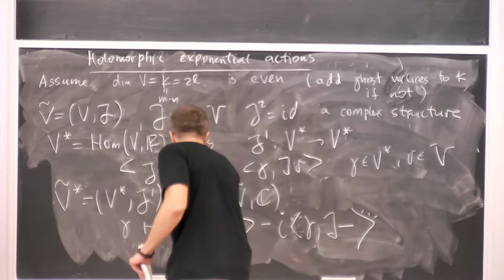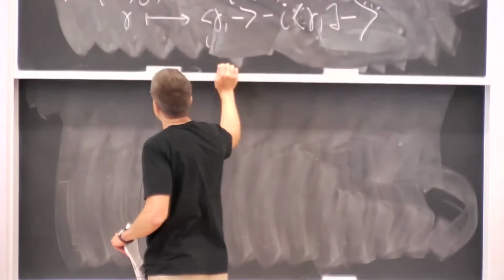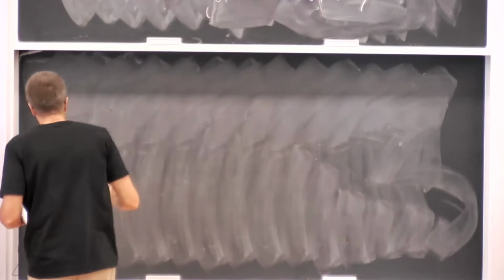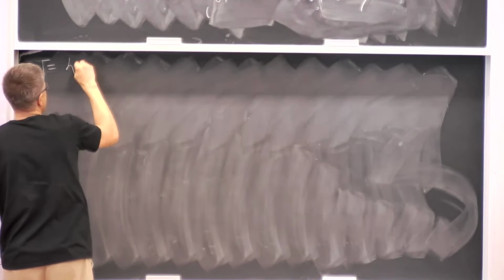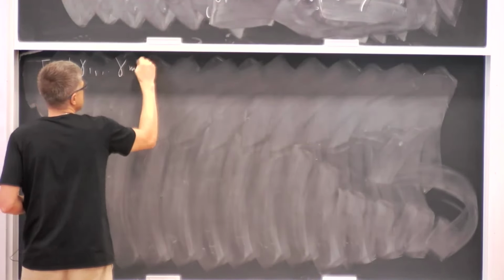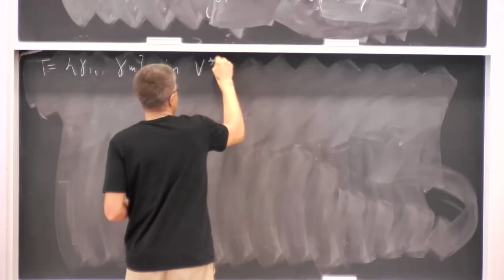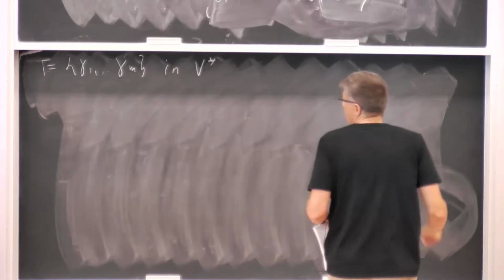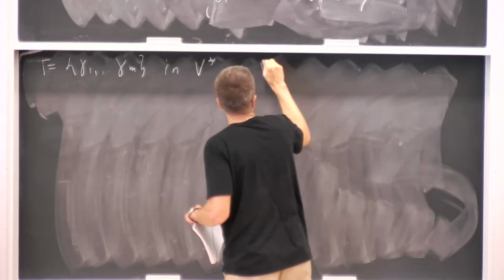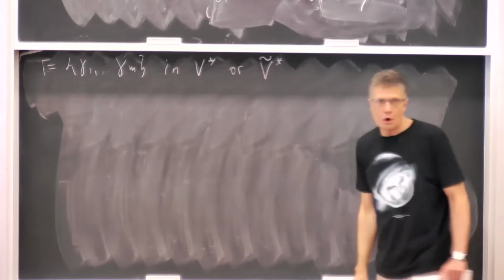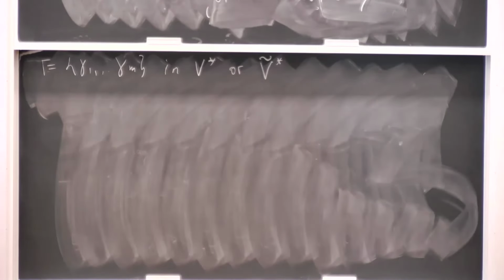Now if you have the vector configuration in W star, then you can also consider it as a vector configuration in this complex space. This is the same set, it just has more structure.